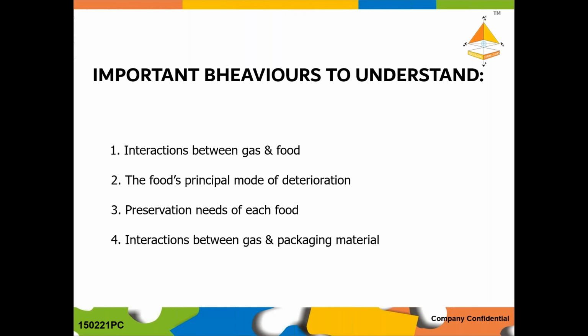Important behaviors to understand: we have to know the interactions between gas and food, and what is the main reason for the deterioration. It's like a diagnosis, and only then can the preventive techniques be worked out.